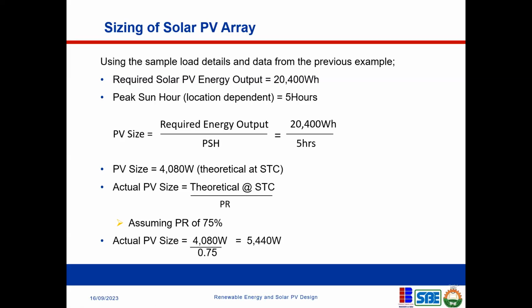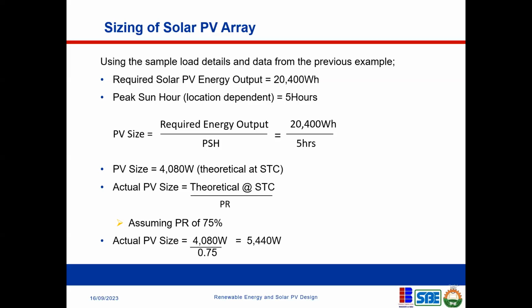When you go to the market, there are different size capacities of PV modules. Now we have some of them that are even 600 watts. So if you're buying a 600 watt PV module, you only need about 9 of them instead of buying 18. If you're buying a 300 watt PV module, you buy 18. If you're buying a 450 watt PV module, you also divide it and you see the number of PV panels that you need to buy.